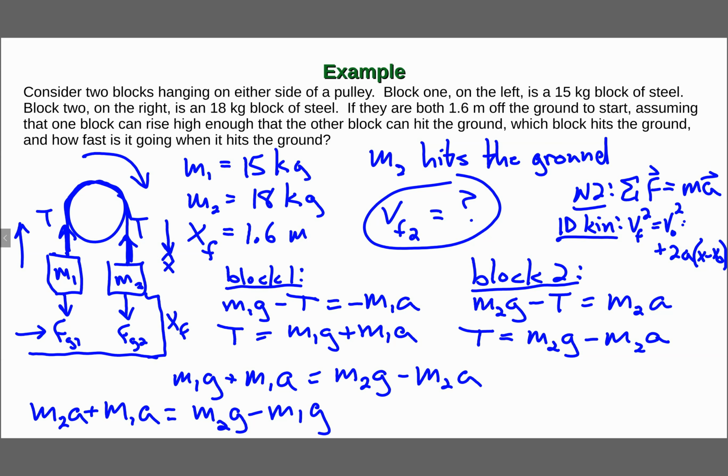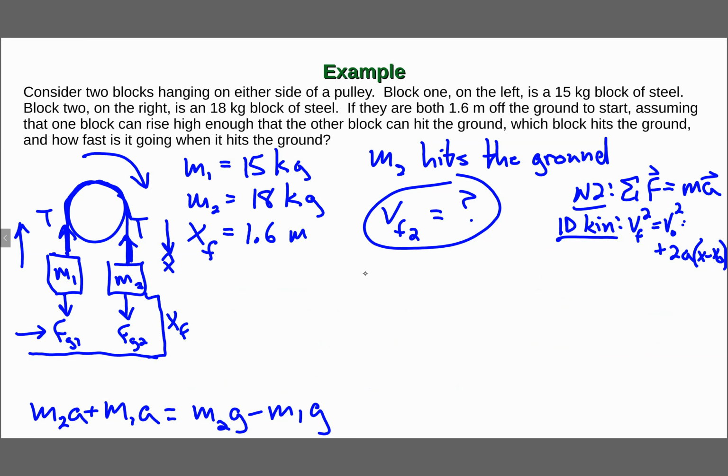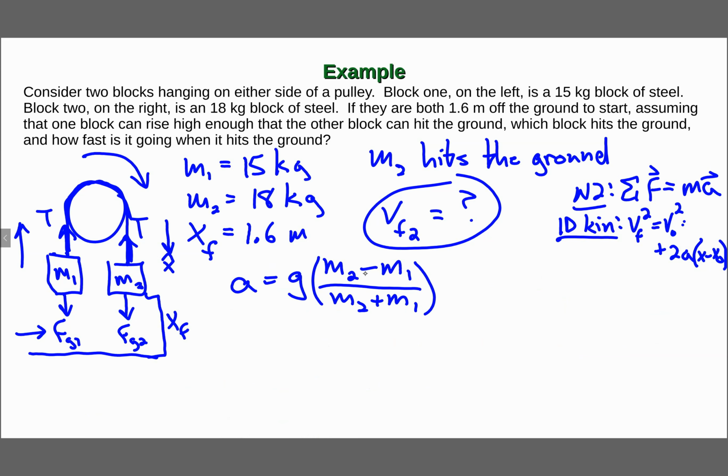Okay? So then finally this tells me that a equals, oh sorry, let's pull our g out, g times (m2 minus m1) over (m2 plus m1). Okay? So that's our a.